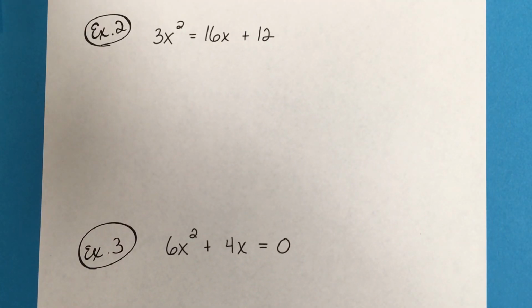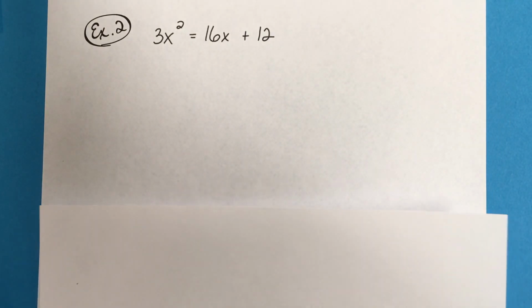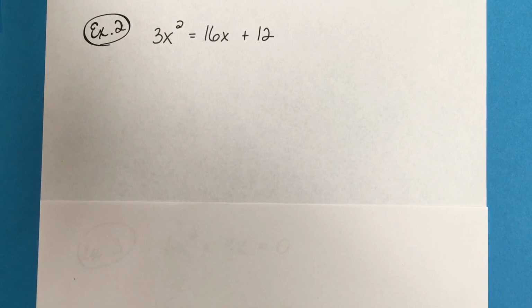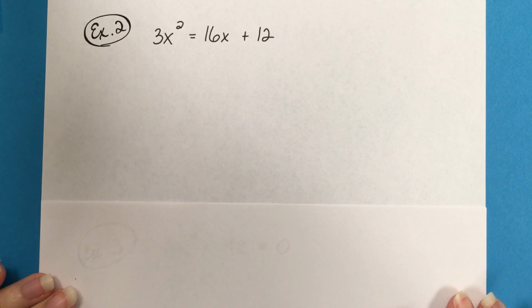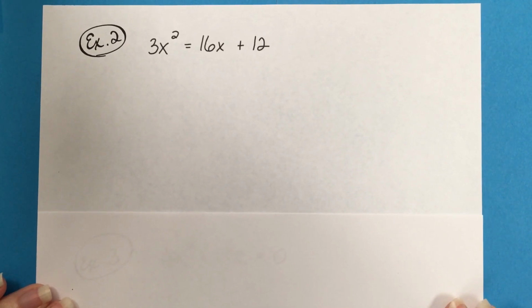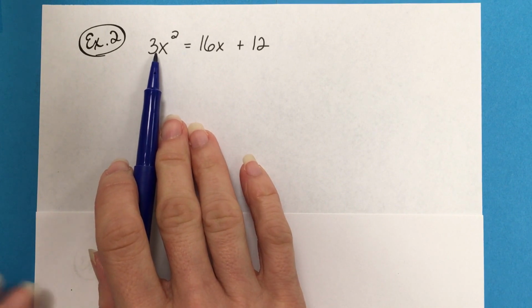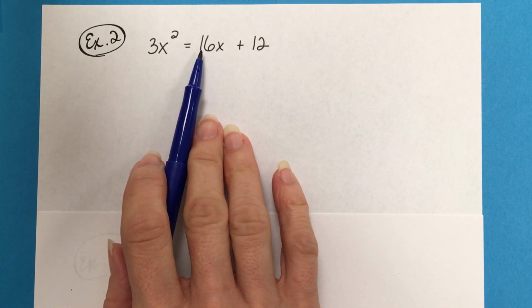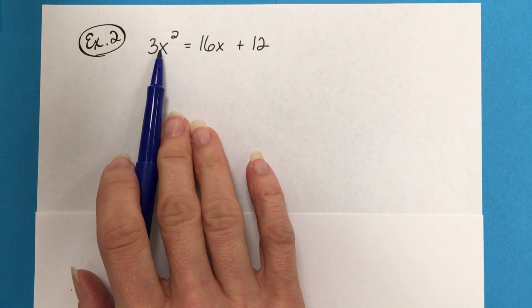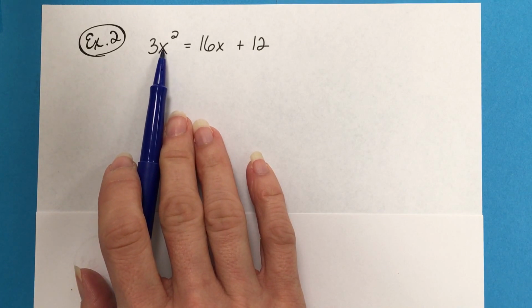Okay, example 2. Okay, again, first of all, I need to take care of just the arrangement of my terms. I do need to have 0 on one side, if you remember. And the quickest, of course, would just be this term shifted here. But remember, when you're factoring, you're going to want your x squared term to always be positive.